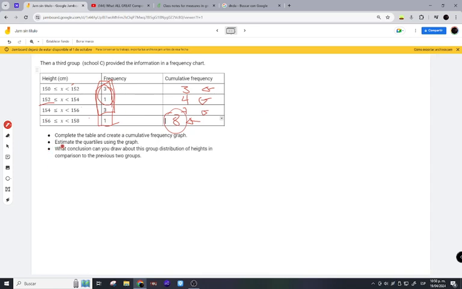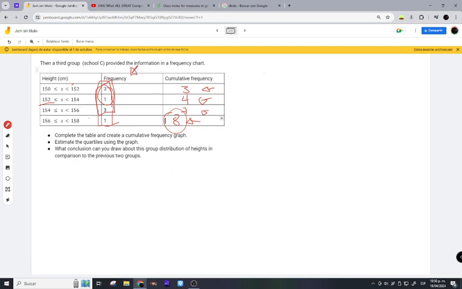Well, we have to complete the table and create a cumulative frequency graph. Remember, guys, there's a very important difference between the cumulative frequency graphs and the other type of graph that we use for the normal frequency.